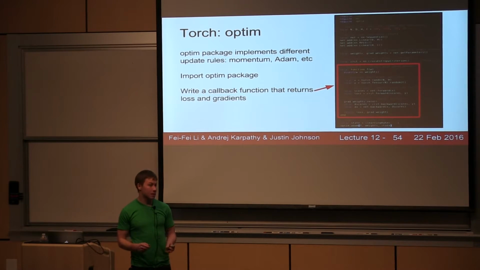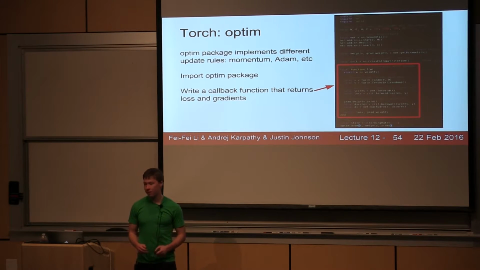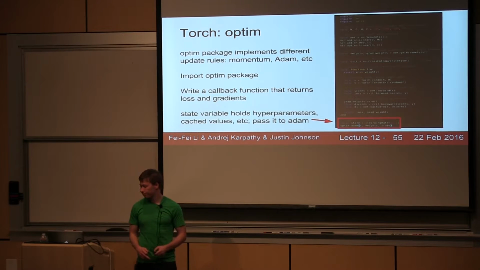And now to make an update step on our network, we'll actually pass this callback function to this Adam method from the optim package. So this is maybe a little bit awkward, but now we can use any kind of update rule using just a couple lines of change from what we had before. And again, this is very easy to add to run on a GPU by just casting everything to CUDA.